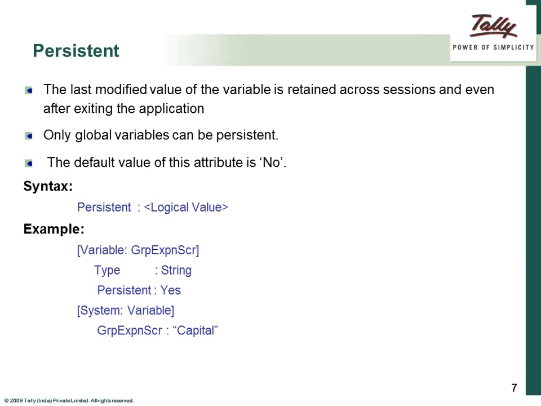Now, when we talk about a variable being global, that is nothing but your system variable. Apart from your definition of your variable, that is how it should behave, what data type it can hold, and whether it should save itself or not, under the system variable definition you need to provide your variable name, which informs the system that this variable value has to be saved even after the Tally application is quit.